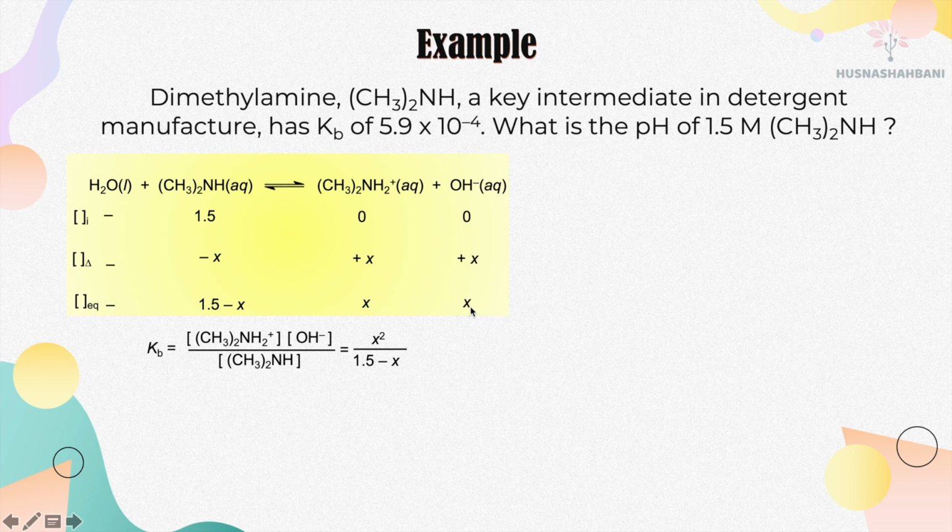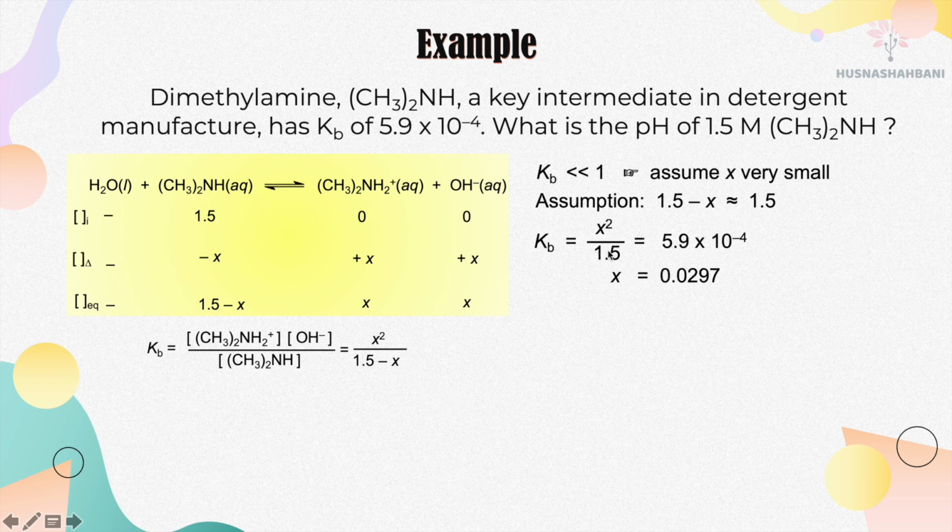Then the Kb expression, products over reactant: concentration of (CH3)2NH2+ times concentration of OH- over concentration of (CH3)2NH equals x squared over 1.5 minus x. Given the Kb value, that is equal to 5.9 times 10 to the power of negative 4.